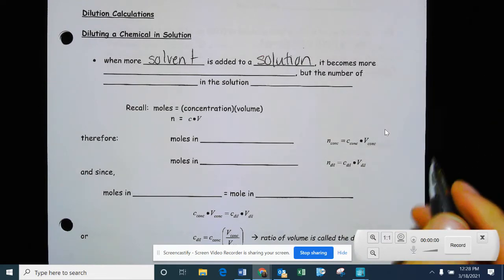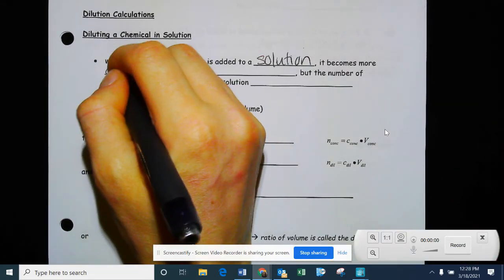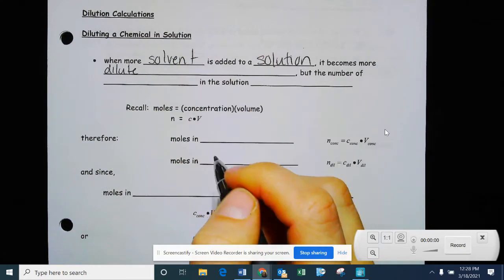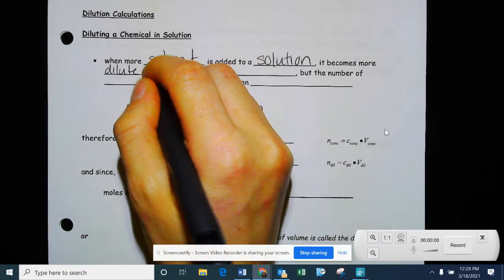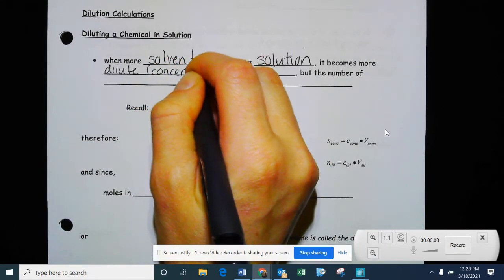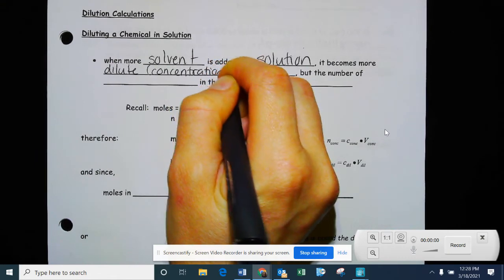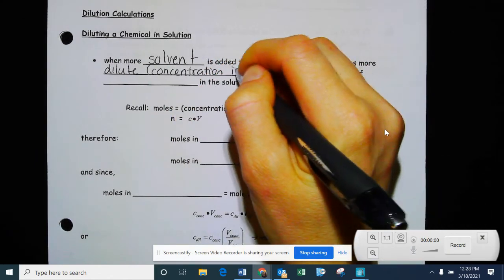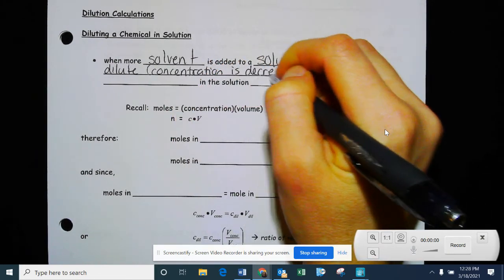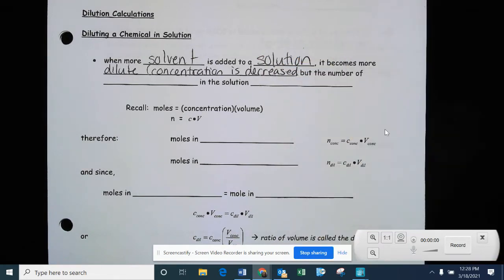And then it becomes more dilute, which means decreased in concentration.